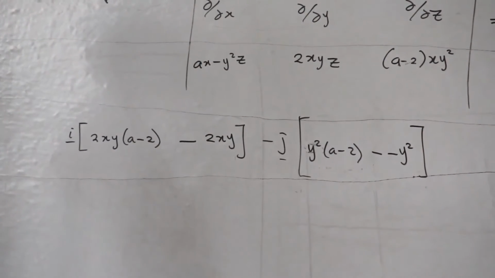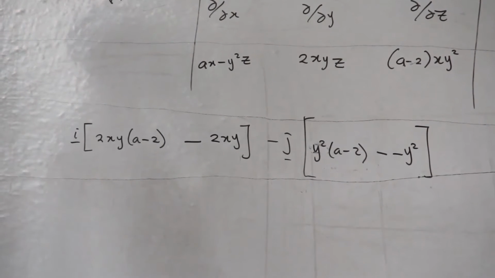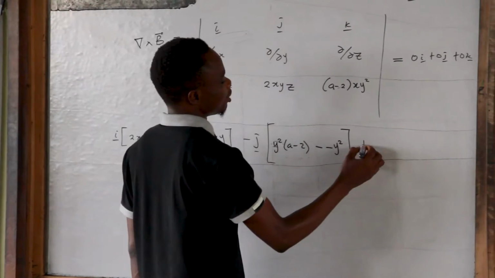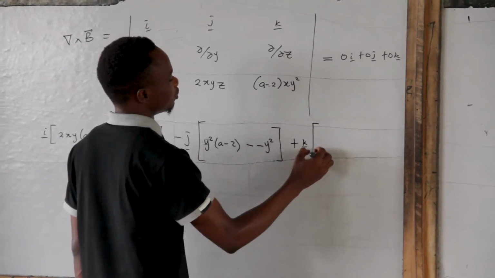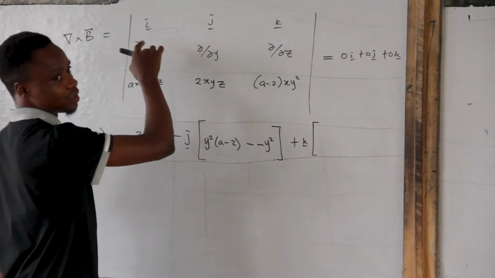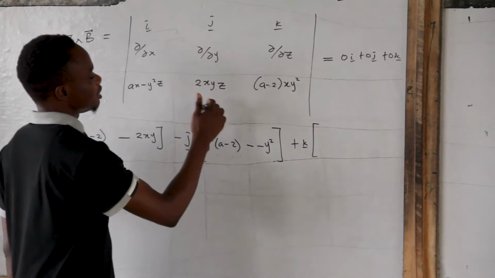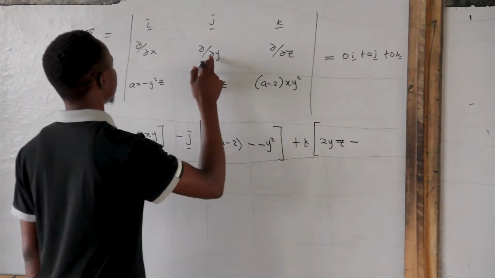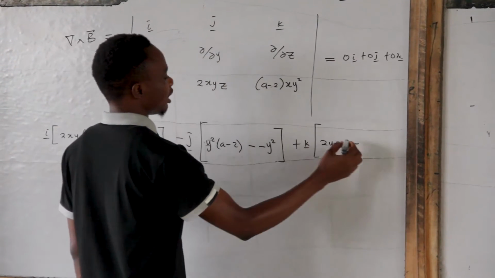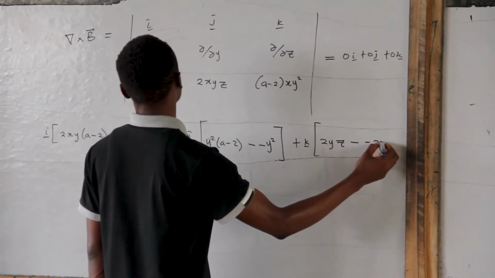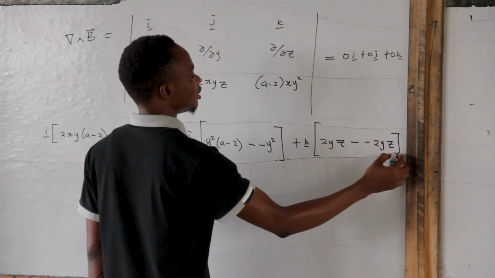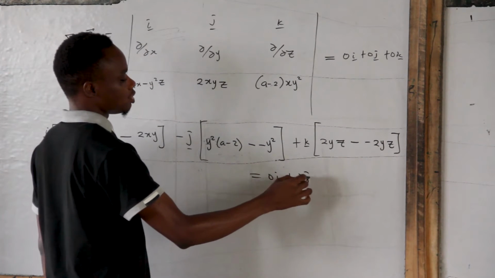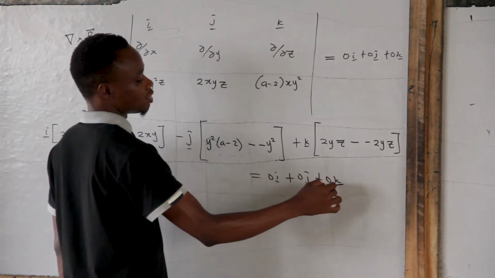Y squared z, when you differentiate with respect to z, that's going to be minus y squared. Then you have plus, cancel this, del/del x of this, that will be 2yz, minus del/del y of this, that is minus 2yz. So I take this to 0i plus 0j plus 0k.